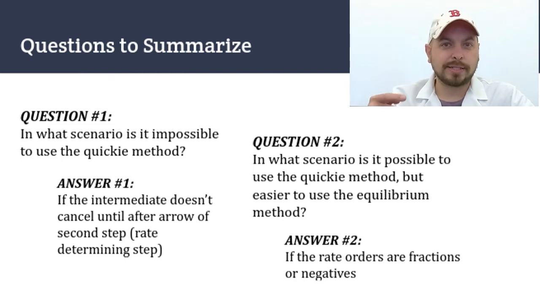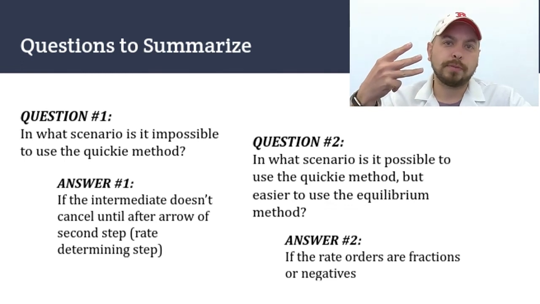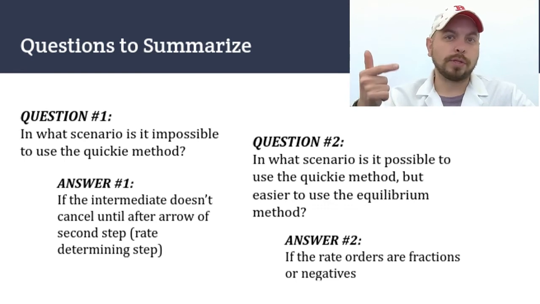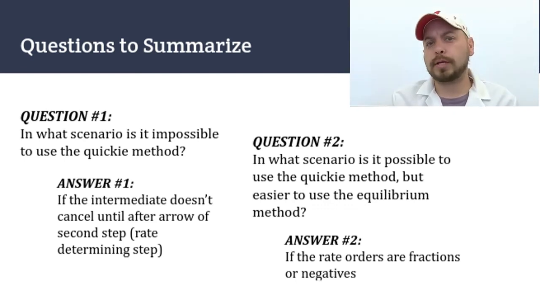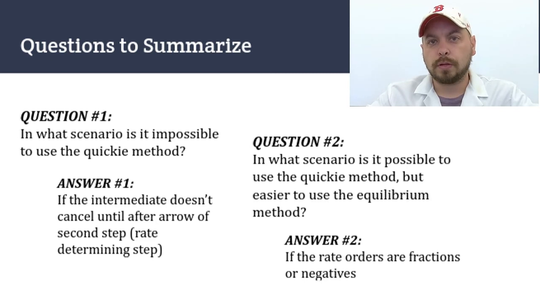Because remember that thing I said where you have to cancel your intermediates? What happens if an intermediate doesn't cancel until after the arrow of the slow step? What if we have 3 steps and the intermediate's formed as a product of the first step and then only used as a reactant in the third step, but the second step determines the rate? There's no way to use the Quickie method in order to solve for this.